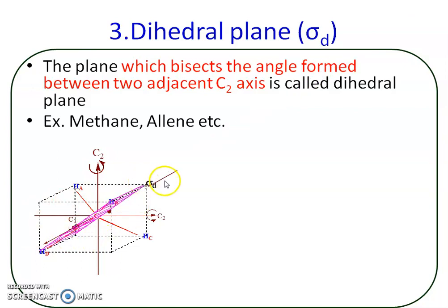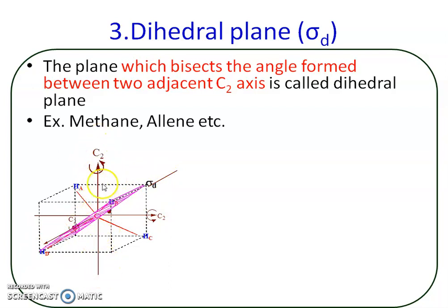Now consider this plane. It passes through hydrogen B, the carbon, and hydrogen D. Again it is bisecting two C2 axes.